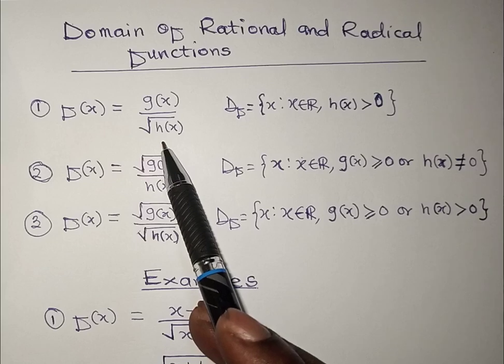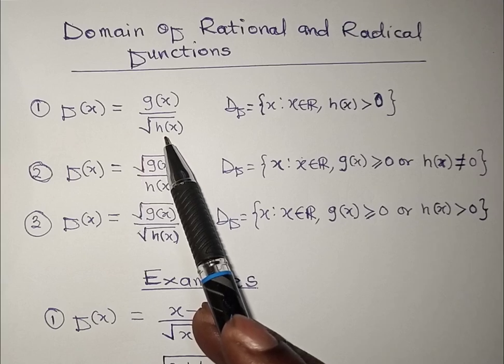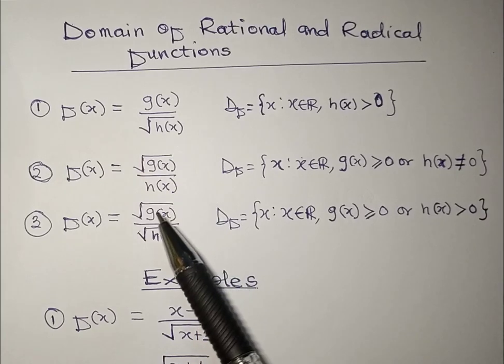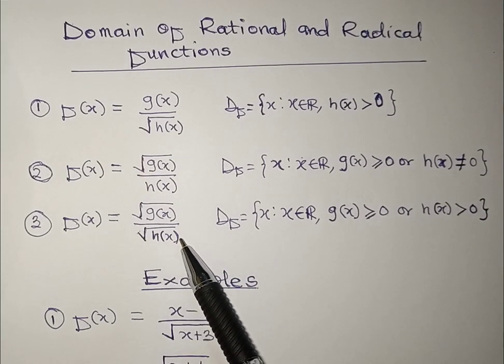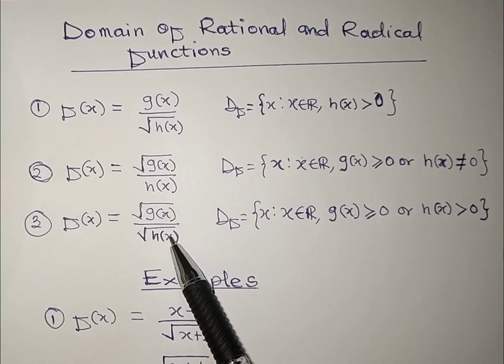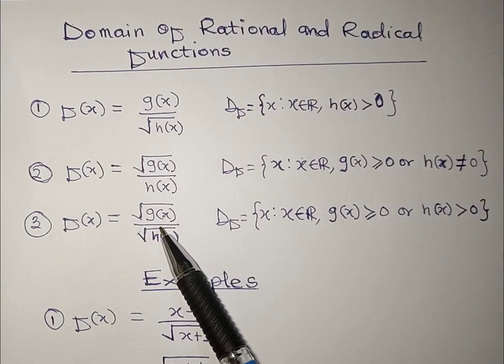We also said that whenever you have a negative value in a radical sign, that makes the function undefined. So you need to make sure you do not get a negative number in the square root or radical sign. That is what we discussed in our previous lesson.